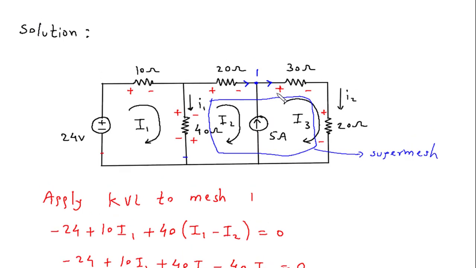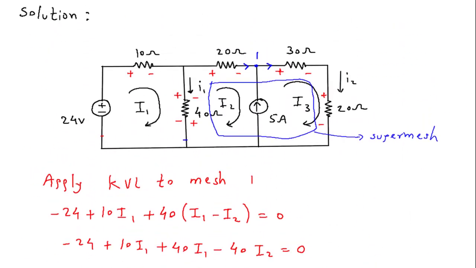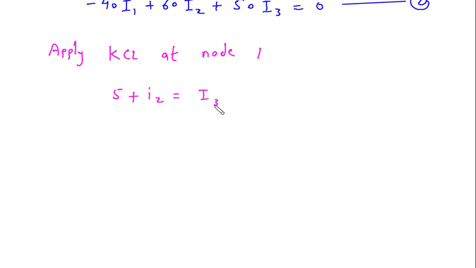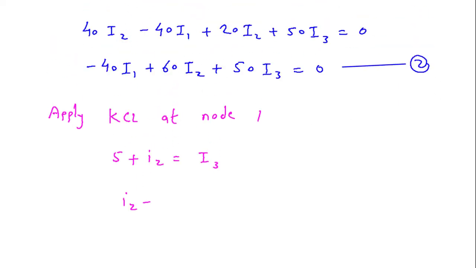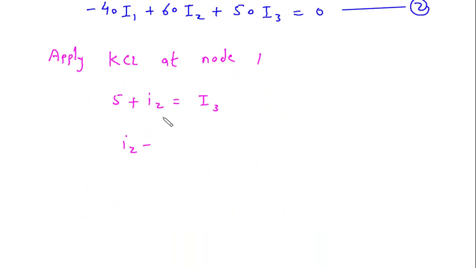Summation of entering current at this node is 5 plus I2, which is equal to the leaving current I3.